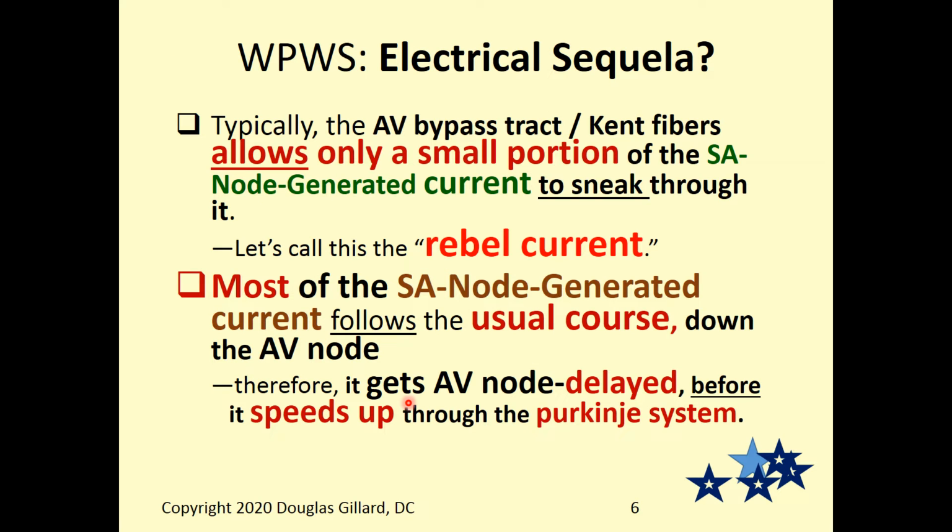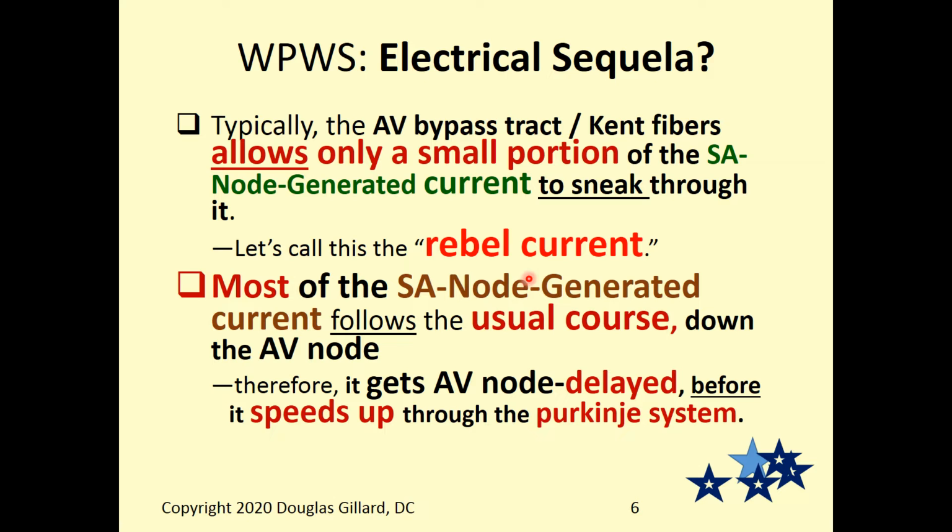What's the electrical sequelae of Wolff-Parkinson-White syndrome? Well, it's not a heck of a lot. Clinically, the patients usually don't even know that they have it. It's just when their heart goes into that really fast beating, that AVRT, that's when problems happen.